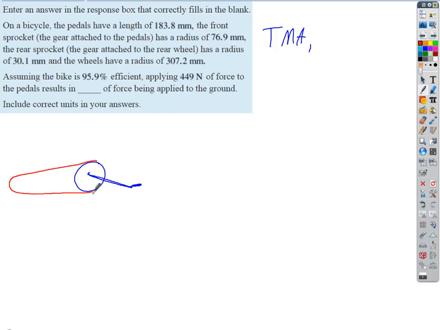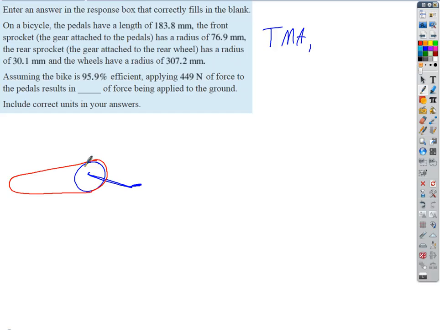It just goes around the front gear. Okay, but for that front gear, what's the input distance? Well, the input's going to be the pedal, right? Because that's what you're pushing on, the pedal. Does that make sense? Yeah.